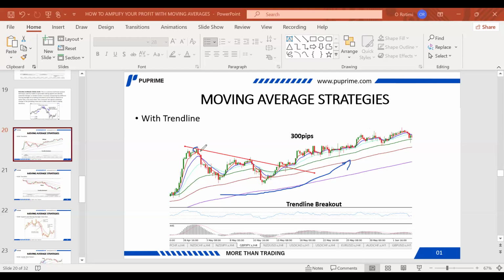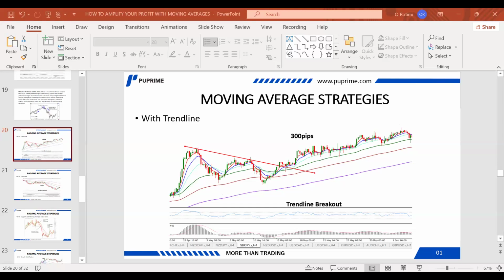We draw a trend line that connects lower highs together. Price broke out above the lower highs, and the moving average also broke out above it. You can see a trade that generated 300 pips on the screen from this simple strategy, combining moving average with a trend line breakout.